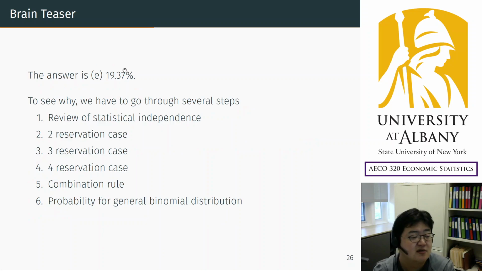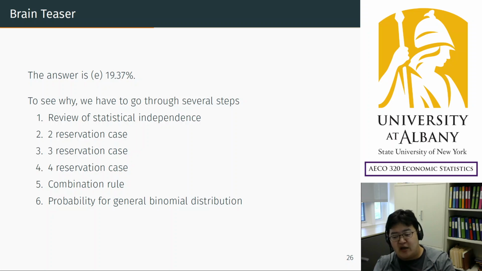But the correct answer is 19.37%. Actually, this is a rounded number. It's more complicated. What I'm telling you here is that the binomial distribution is not that simple. It is more tricky and more complicated and requires more complicated steps to get to the answer.